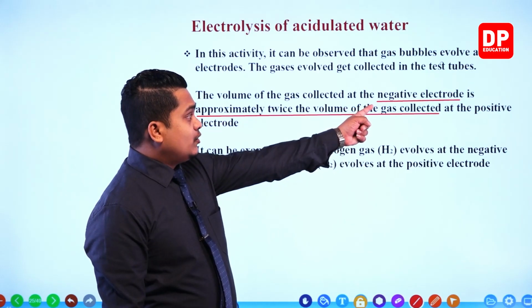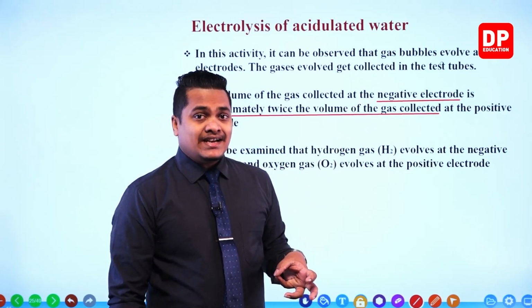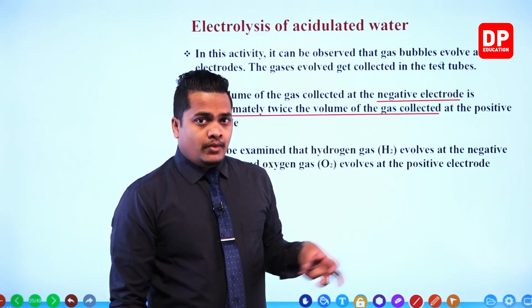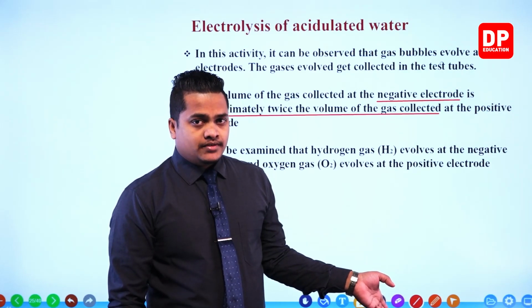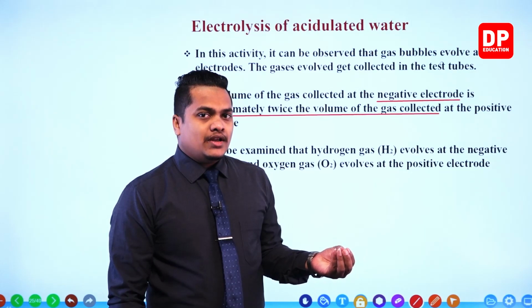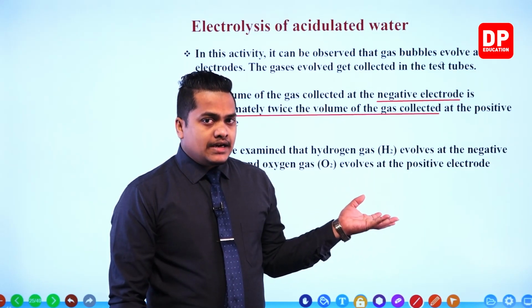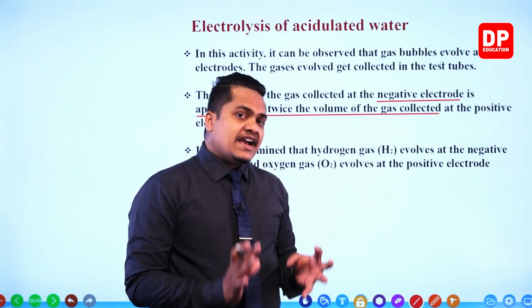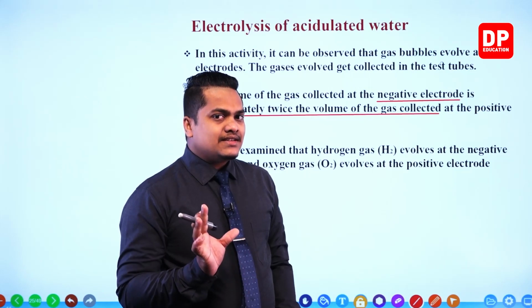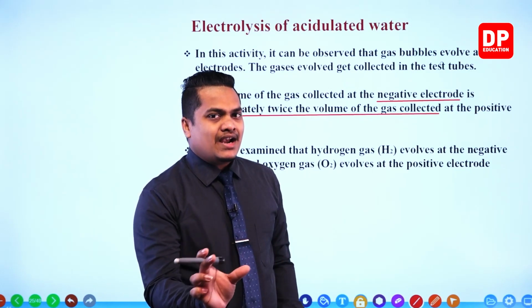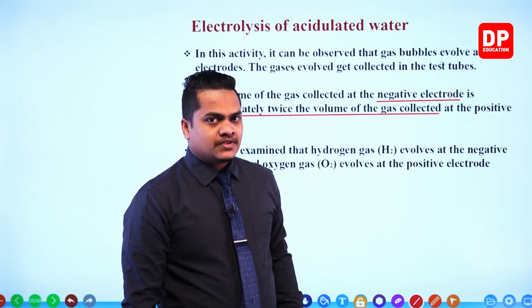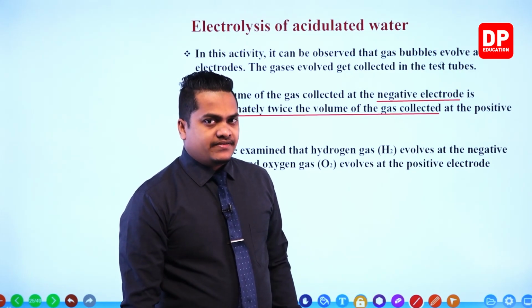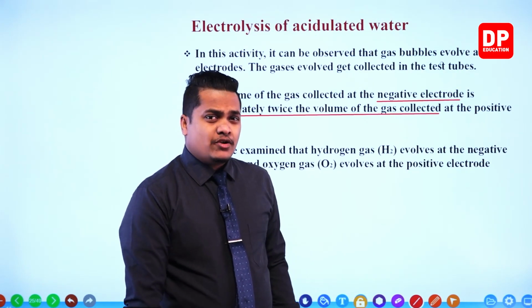So at the negative terminal, more gas is getting liberated when you compare it with the oxygen. More gas is going to be liberated from the negative terminal, approximately twice the volume of the positive terminal. Okay, approximately and not exactly.